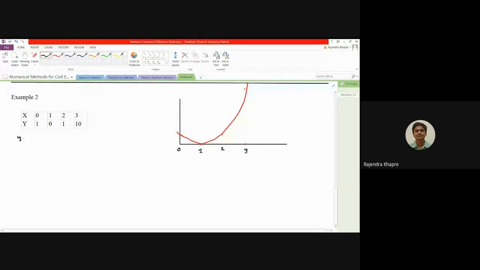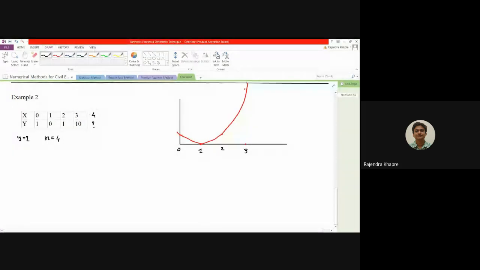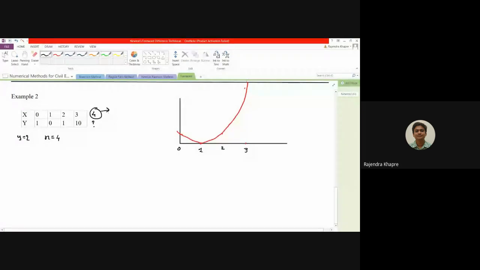Now this is how your graph looks, and what is asked over here is: what will be the value of y when the x value is, let us say, 4. So here we have x equals 4. What will be the value over here? In this case, this value of x is lying beyond the data set.